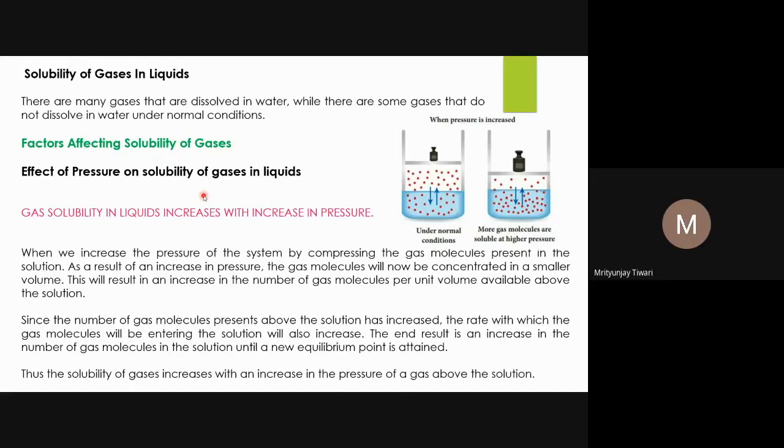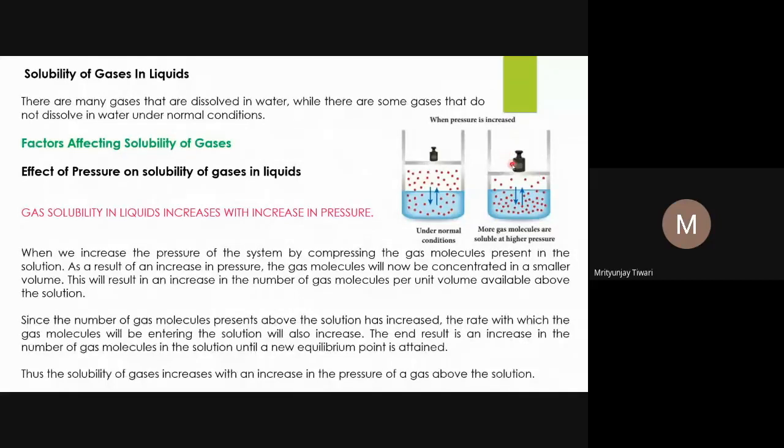So gas solubility in liquid increases with increase in pressure. Like in this example, in this pot, a small weight is kept above the piston, and if you increase the weight, the pressure will increase because the weight applies a certain force, and force per unit area is pressure.